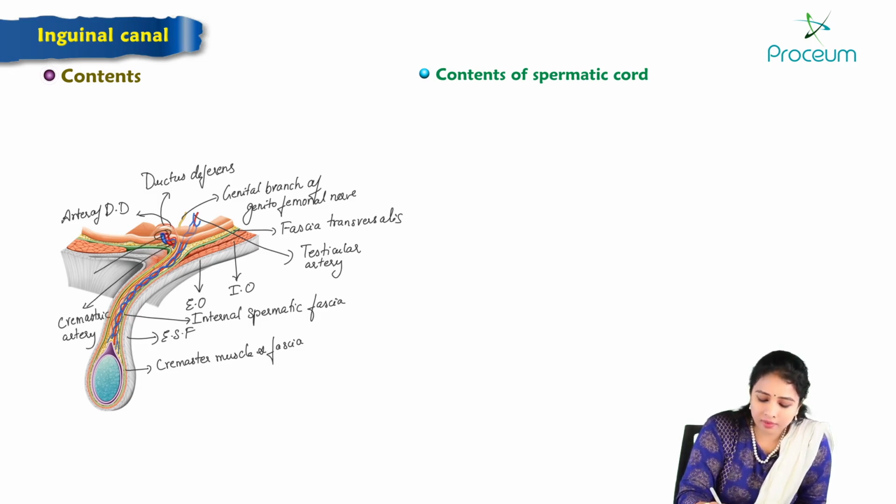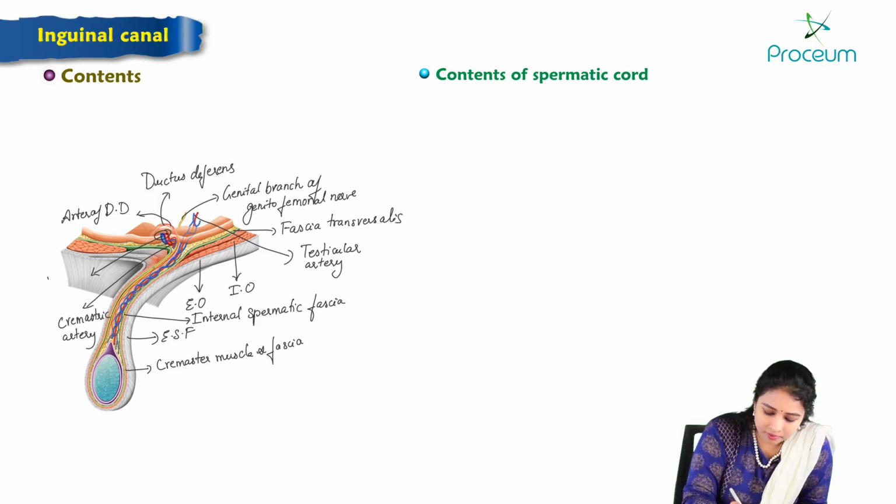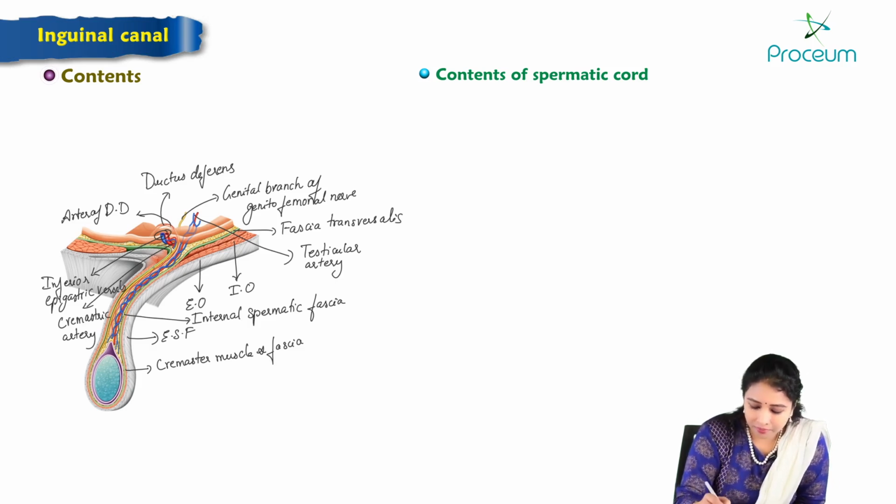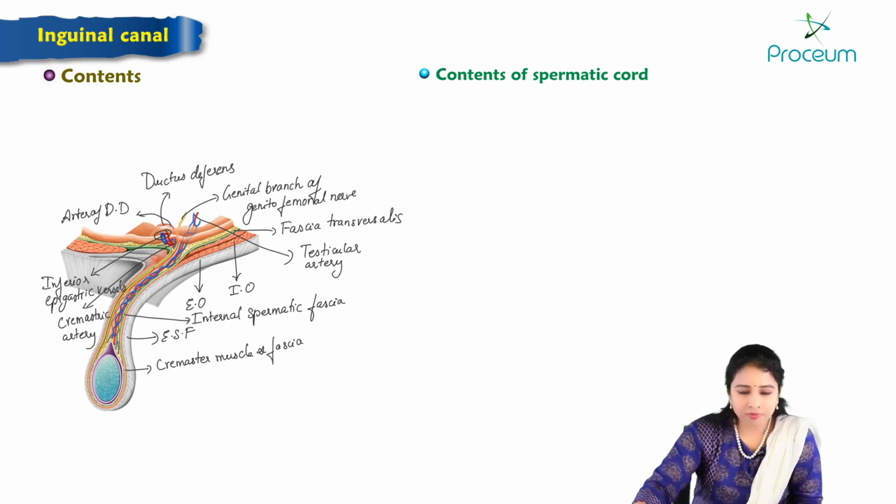And we can see the inferior epigastric vessels, which give origin to the cremasteric artery, and we can see the plexus of veins within the spermatic cord called the pampiniform plexus.